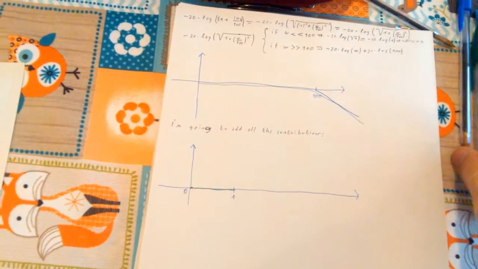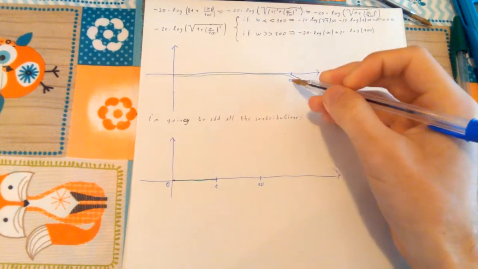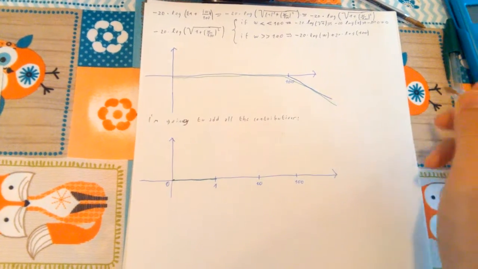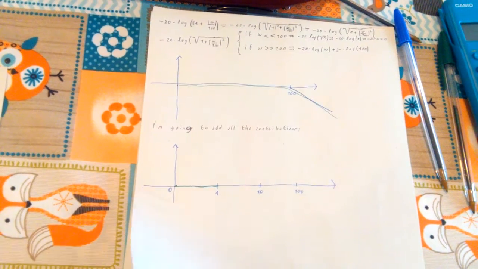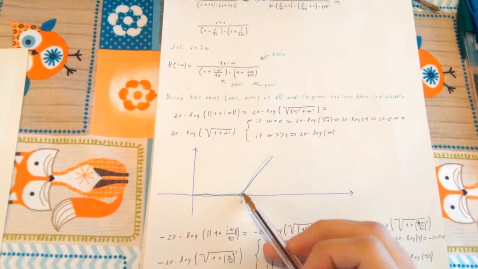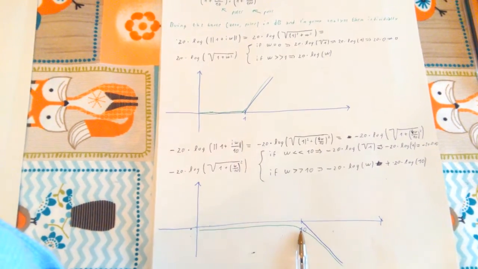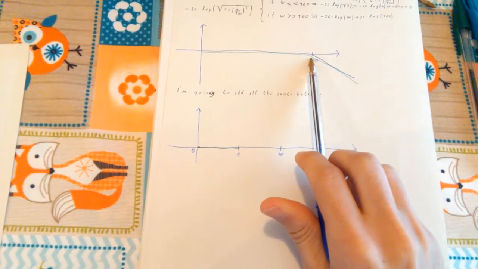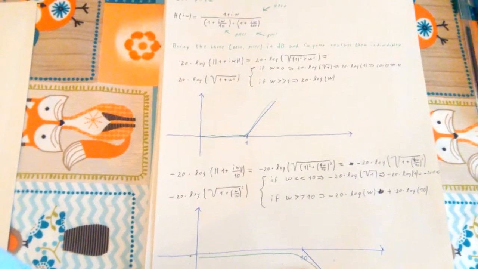Now, what happens next? Well, let's see. I'm going to have 10 here and 100 here. Essentially, from 1, we are basically going to go up, because the contribution of this one between 1 and 10 is nothing, and the contribution of this one between 1 and 10 is nothing, because it starts from 100 and this other one starts from 10.